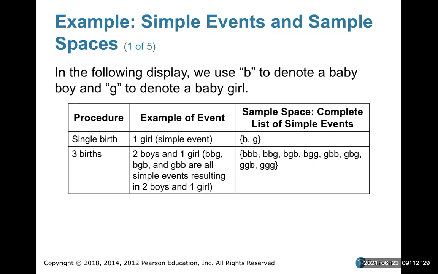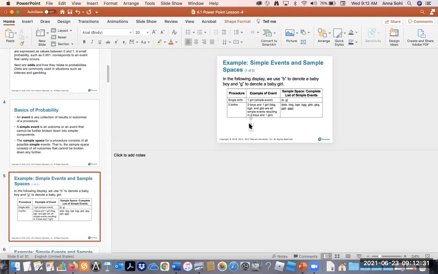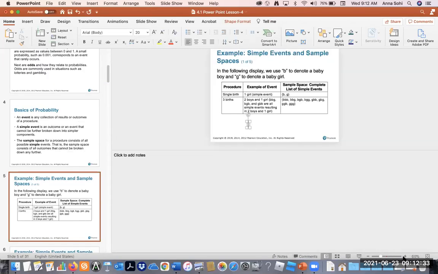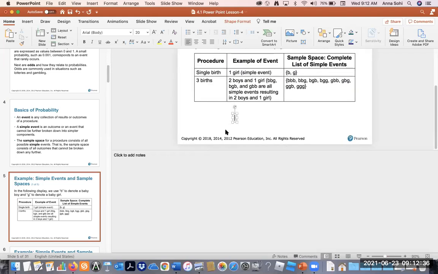So for example, if you are writing the algorithm here, let me just make this a little bit larger. If the first one is boy and the second one is boy, and sorry, that should be a lowercase boy. I want to show you how you write down all the sample space. The third one can be a boy, I'm just going to put it with no space so it's easier.